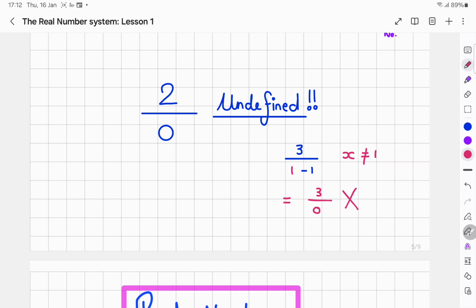So please, as we go forward, grade 10 especially, when we start using fractions and x's in our denominators, you must always double check that x doesn't have a value that makes the denominator equal to 0. Very, very important.